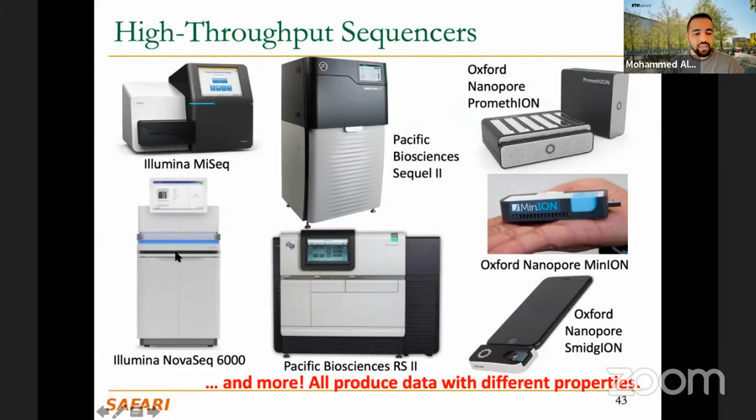In NovaSeq here, you get the highest throughput per sample over all other sequencing machines, because you can get a lot of reads in 44 hours or 2 days, and so on. So this is a fridge-size machine, a very huge one. This is a smaller one, and this is handheld, as you can see.